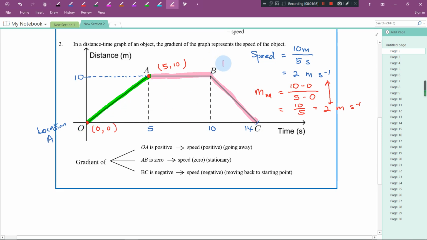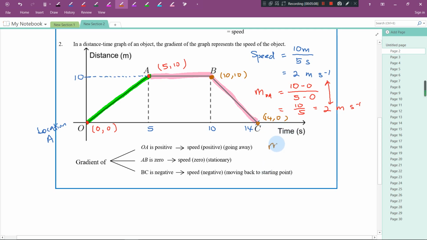Just now I told you that when you have a distance against time graph, the gradient represents the speed. But you have to be more careful when you have a negative gradient. So now let's try to find the gradient for BC. The coordinate here is 10, 10. The coordinate here is 14, 0.